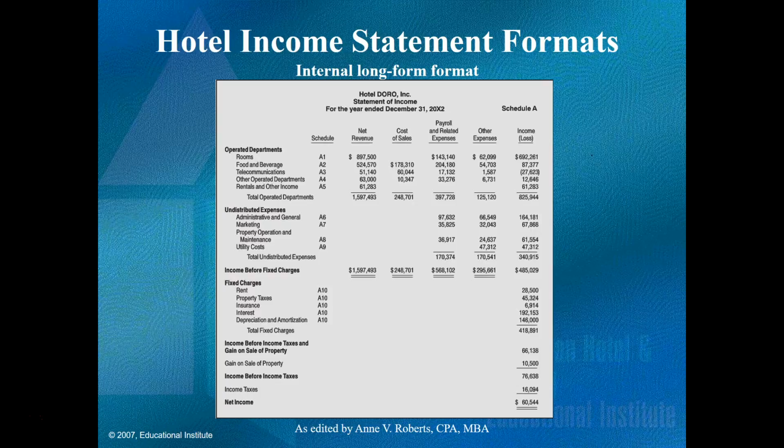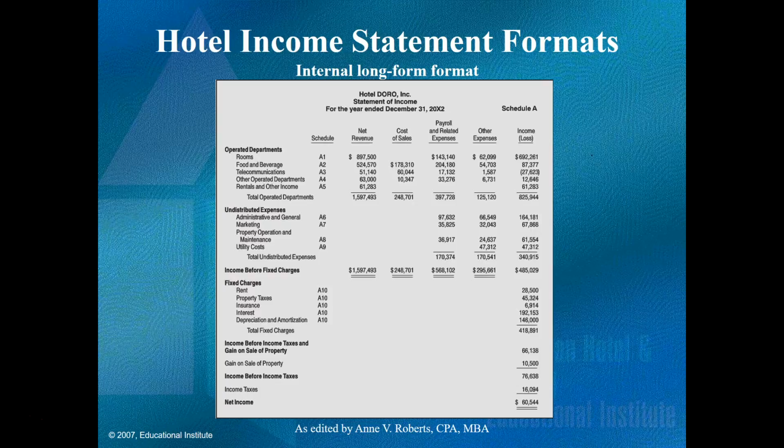All right. Then we come down here to our undistributed expenses. Okay, so again, remember, undistributed expenses, there are no revenues involved here. Okay, it's only cost, and it's payroll and others. So we have people in these support departments.